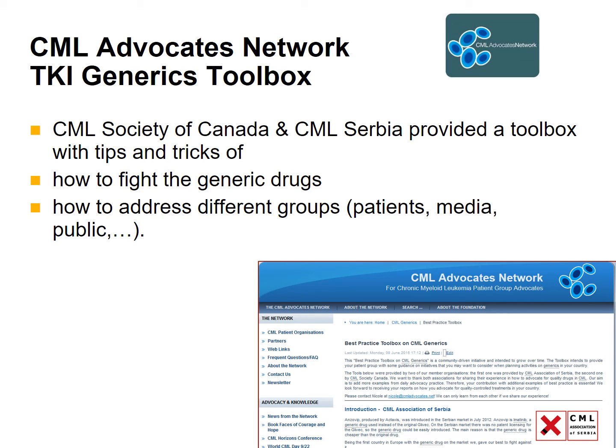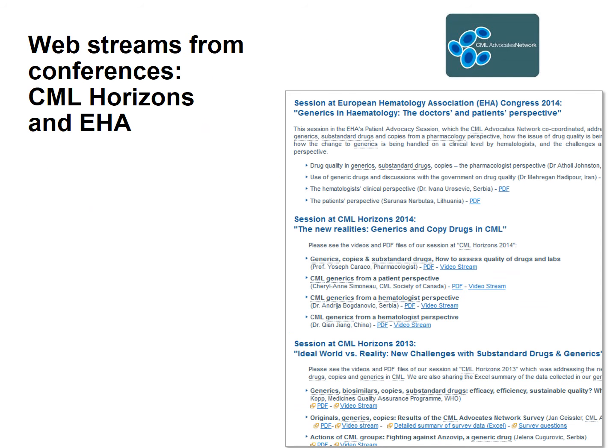The TKI Generics Toolbox is just for patient advocates and members of our community, and basically there's some guidance by the CML Society of Canada, which addressed the topic of CML generics very early, as well as CML Serbia, with tips and tricks on advocacy, for example, how to fight generic drugs if there are serious concerns, or how to address it very rationally, how to address different groups, for example, patients, media, and the public.